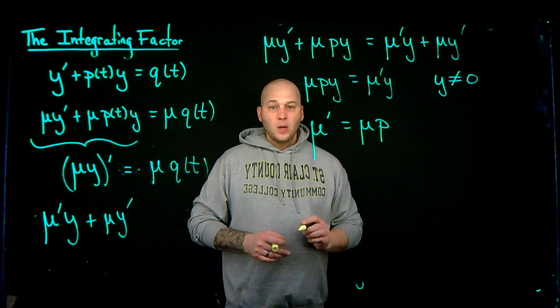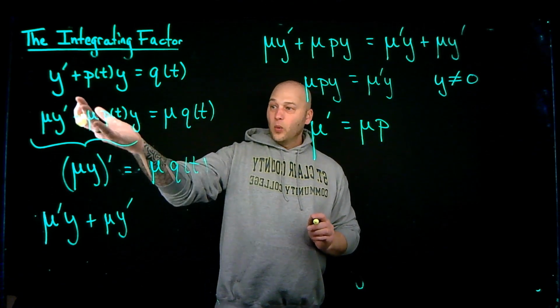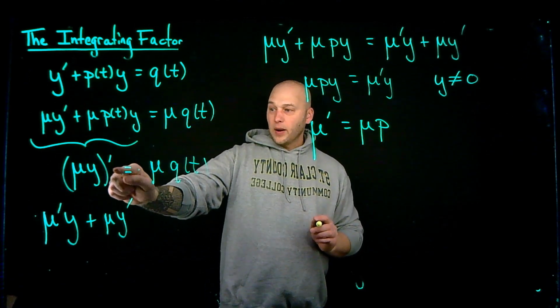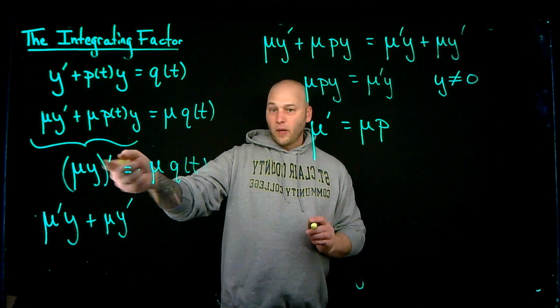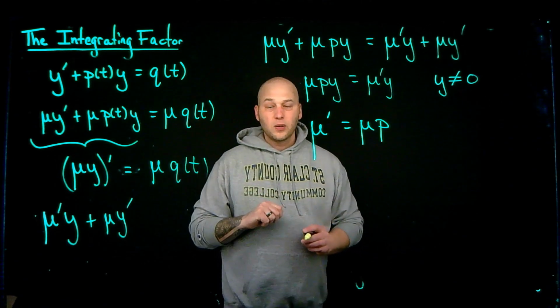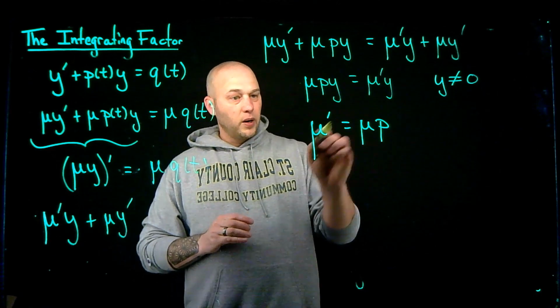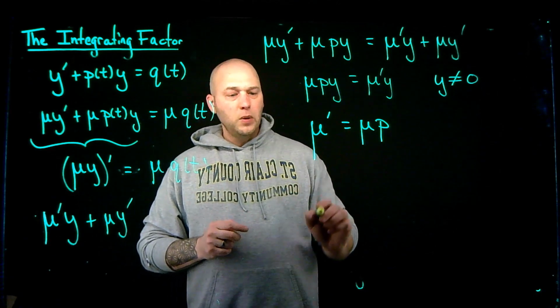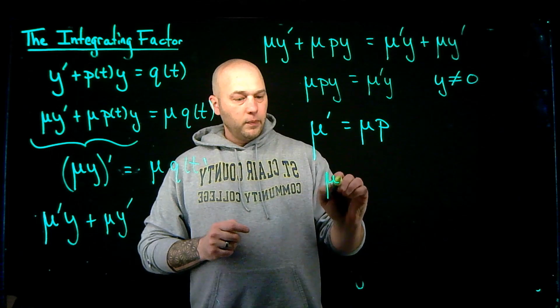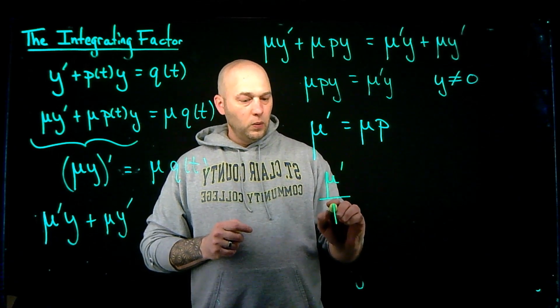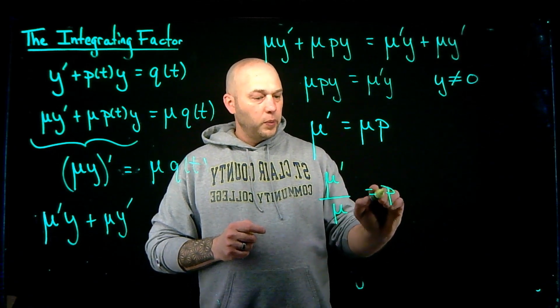Okay? So the integrating factor that would work to write this as a derivative of a product would then satisfy this relationship right here. Well, let's divide both sides by mu. So I've got mu prime over mu is equal to p.